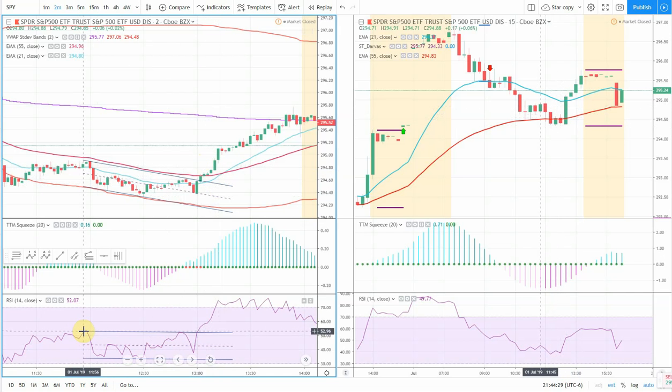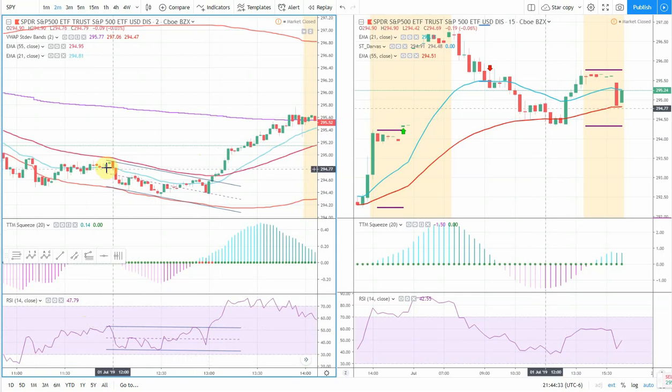When we look at the RSI as well, you can see that even though the stock was making lower lows, we weren't really making lower dents in the RSI. The RSI was pretty much flat in this area, even though this is a lower pivot than this was.